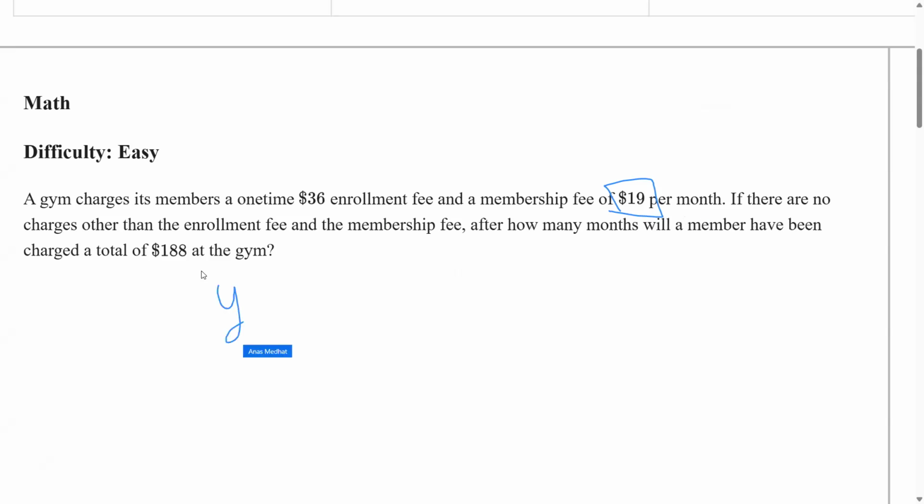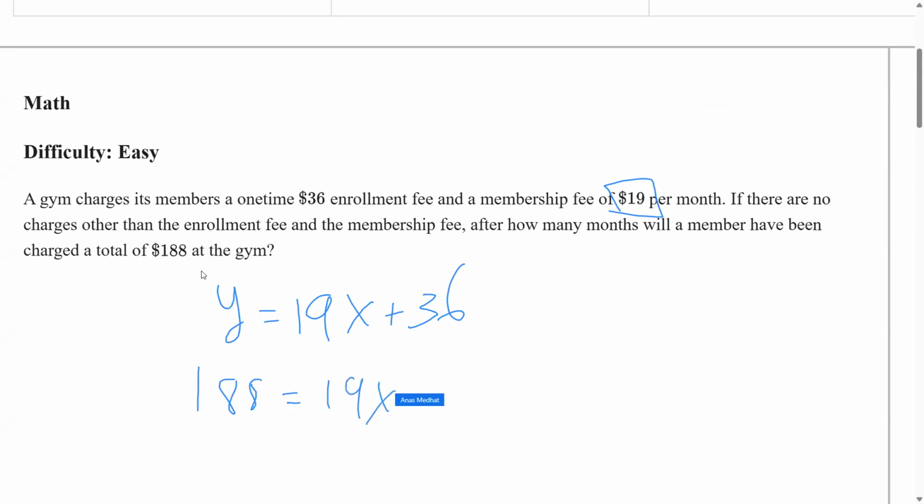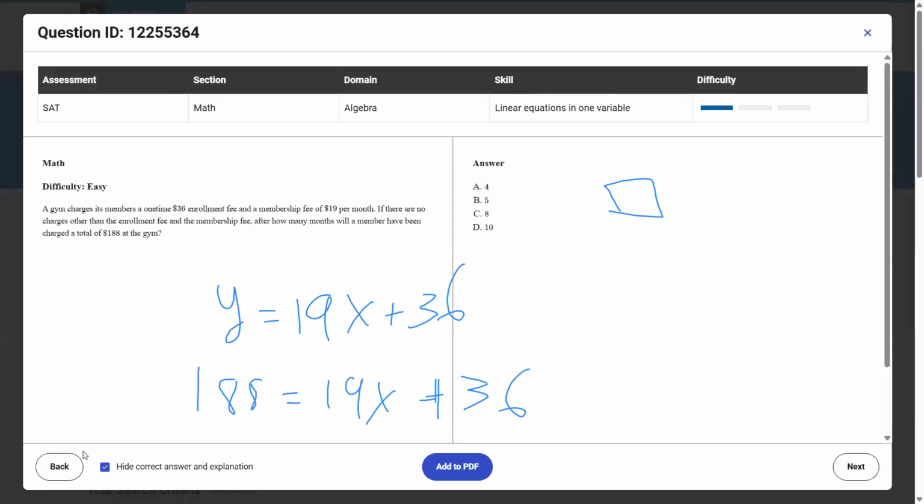The equation is 19x plus 36, where x is the number of months. Substitute 188 and find x: 188 minus 36 over 19. So the answer is 8, C.